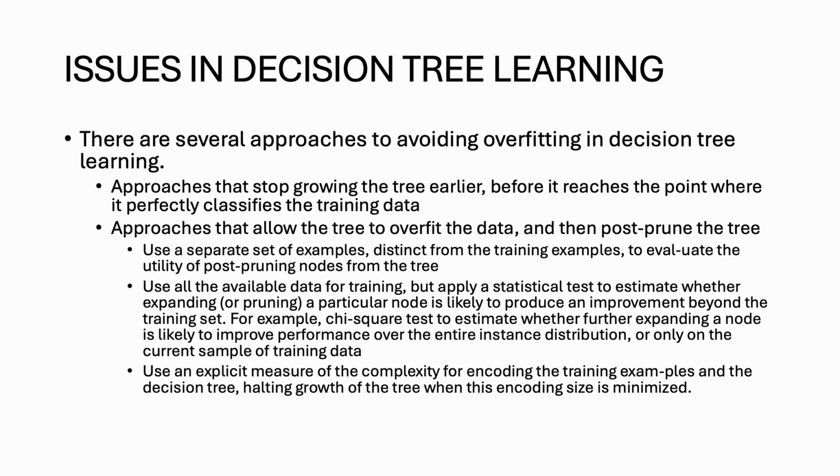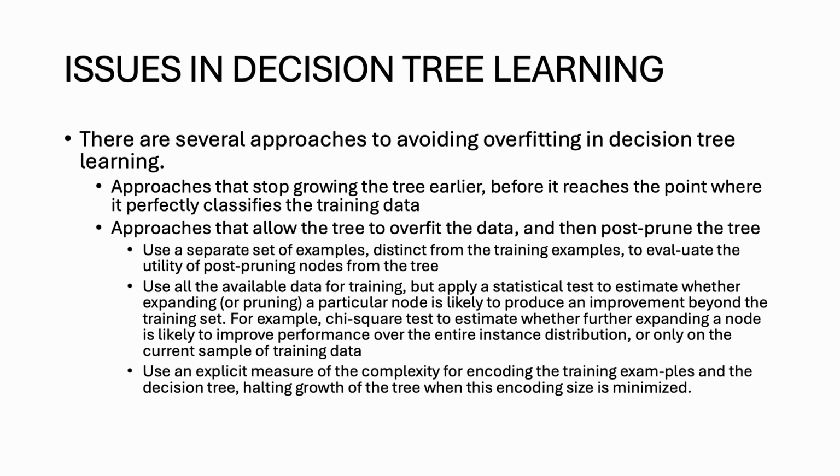It will use a separate set of examples, distinct from the training examples, to evaluate the utility of post-pruning nodes from the tree. Or it will use all available data for training, but apply a statistical test to estimate whether expanding a node is likely to produce an improvement or not.